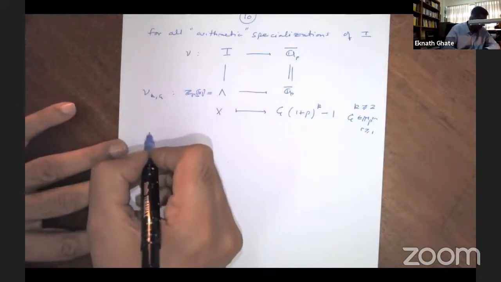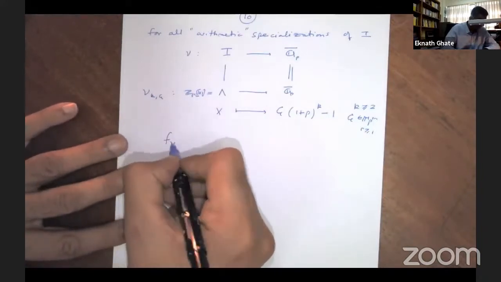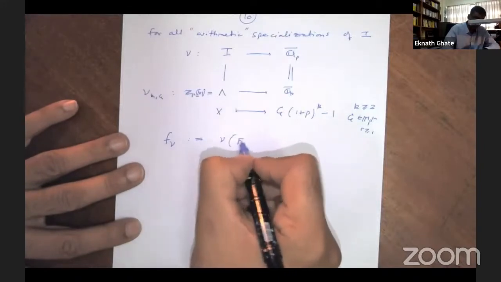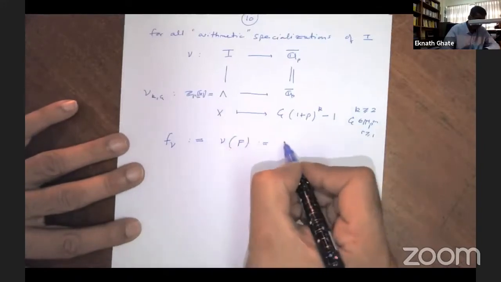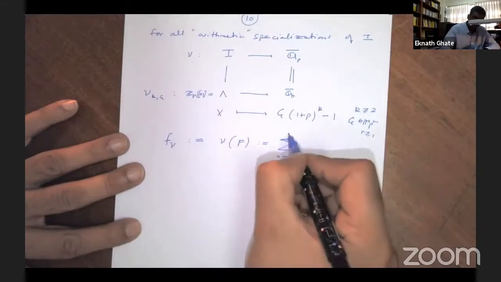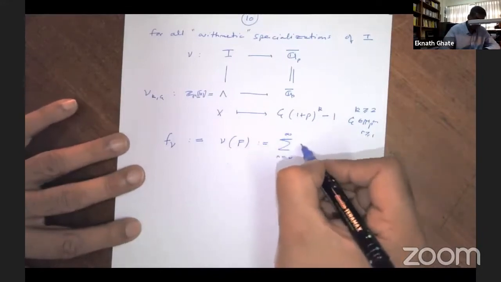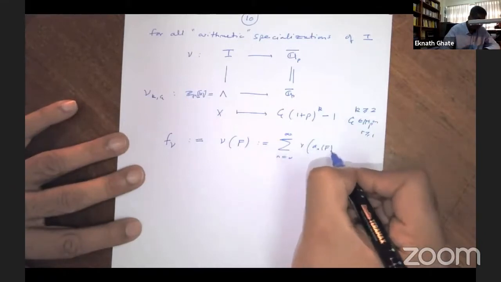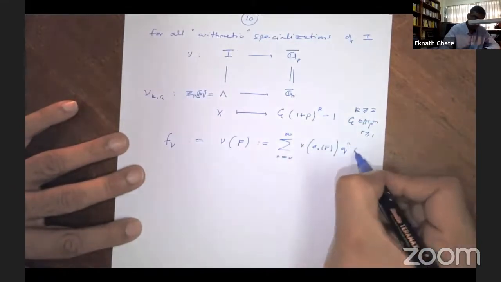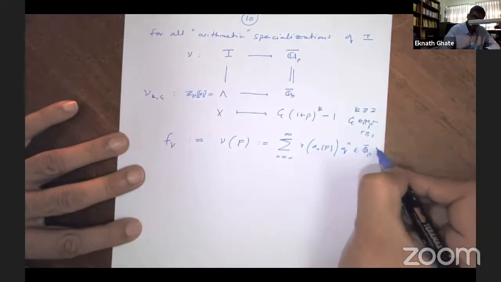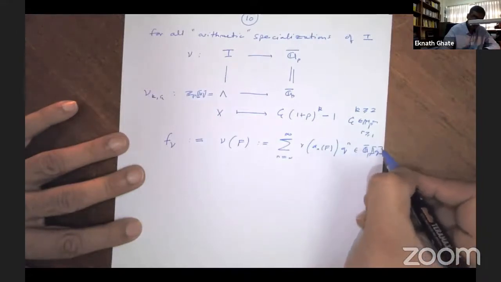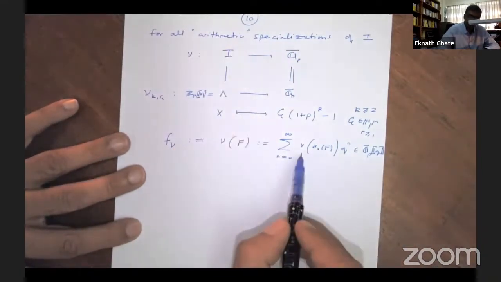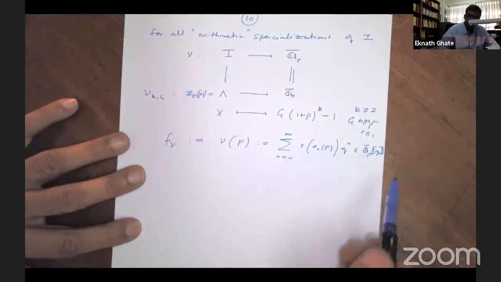Such that for all arithmetic specializations, f nu, which is by definition, you apply nu to all the power series in the q-expansion, which this time is a q-expansion in this ring, right? Because the a_n of f were in I, but once you apply nu, then they wind up in Q_p bar.